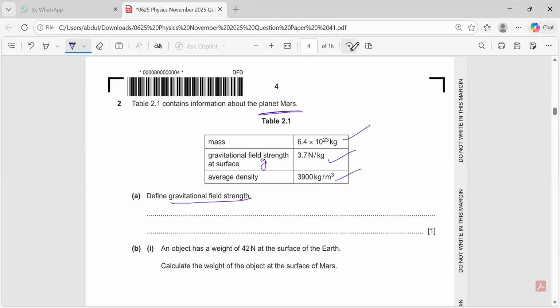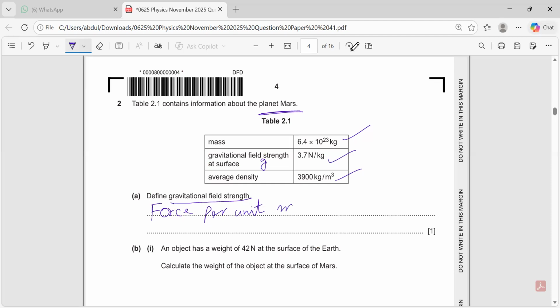Newton is the unit of force. So what is gravitational field strength? It is force per unit mass, because Newton per kilogram, force per unit mass on an object in a gravitational field.